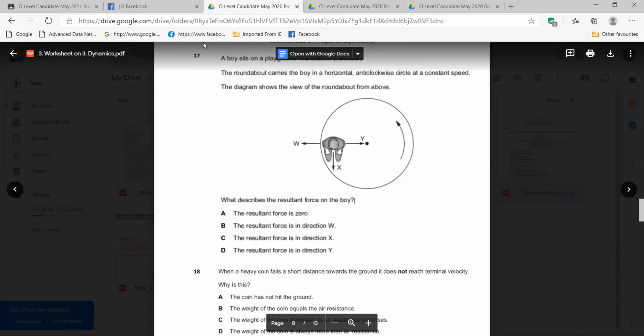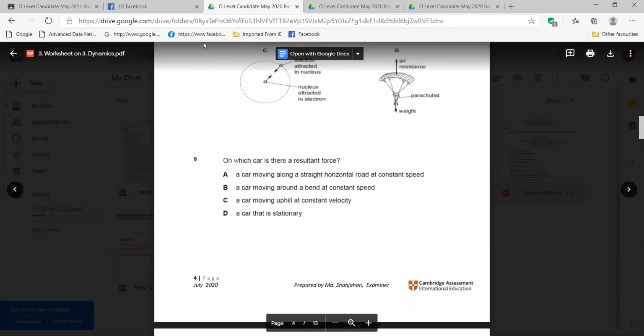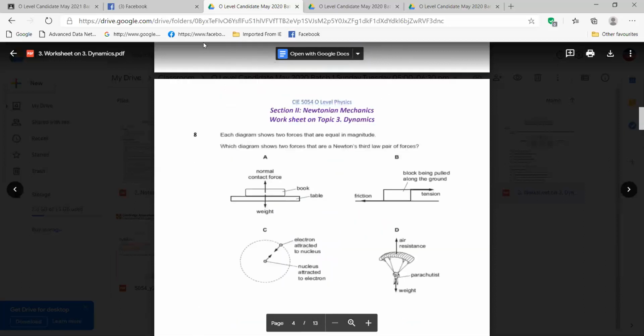Oh, I'm going to page number 8. Yeah, this one. I think after getting the idea of the first law and third law clearly, now you can understand it. So it's third law pairs.